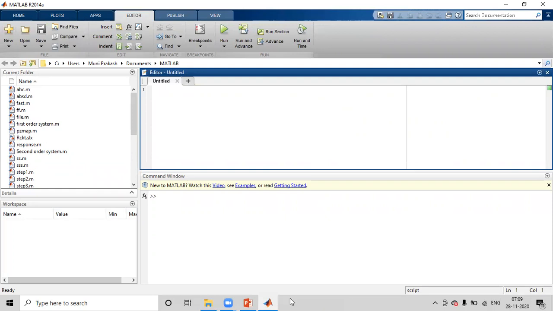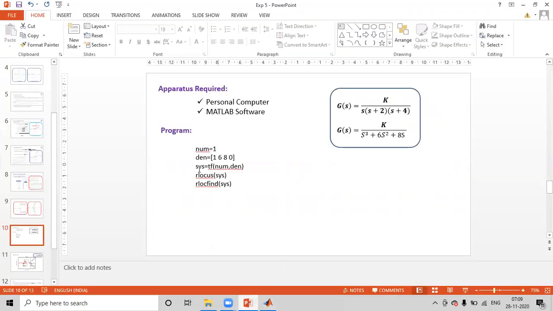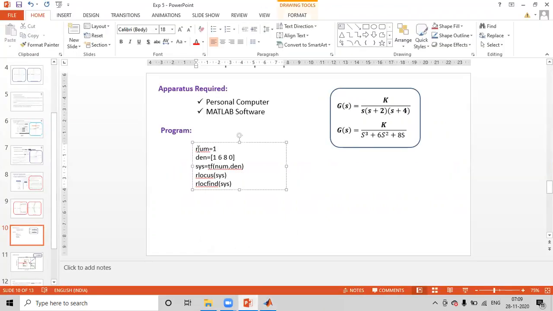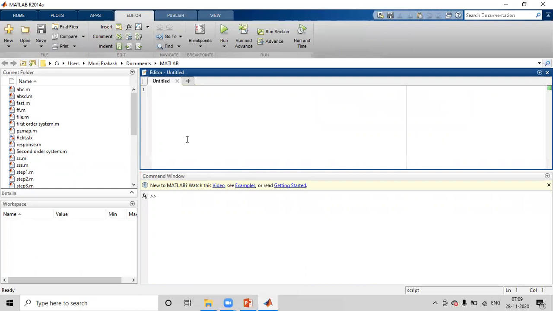The program is already there in a slide. I will copy it directly and paste it in MATLAB. The first line will be clc.